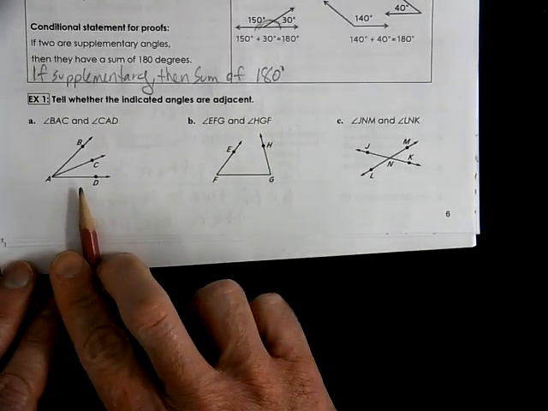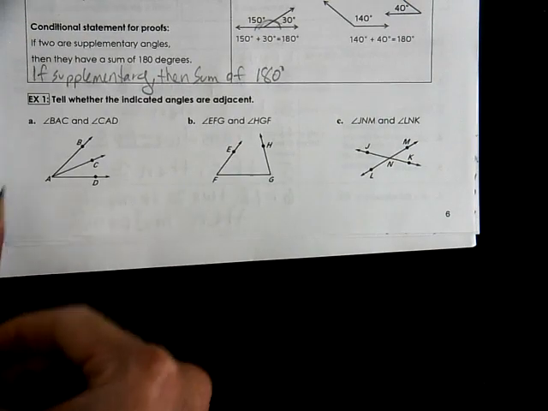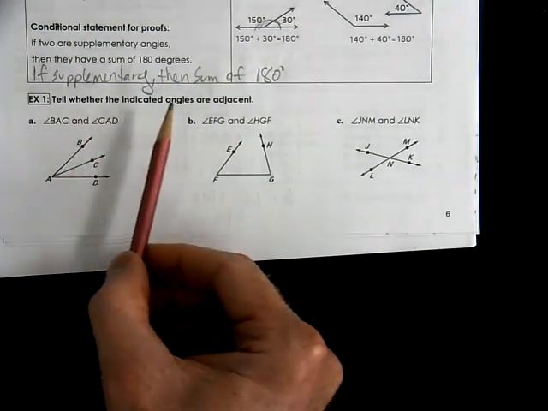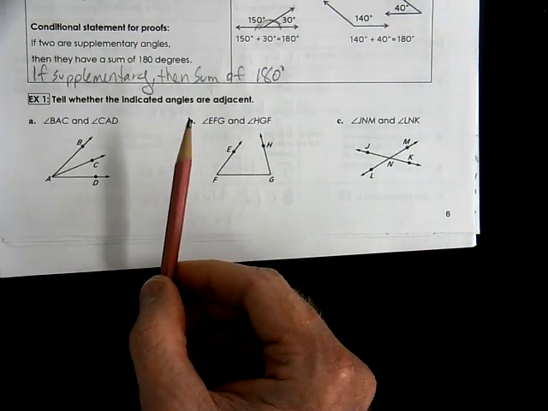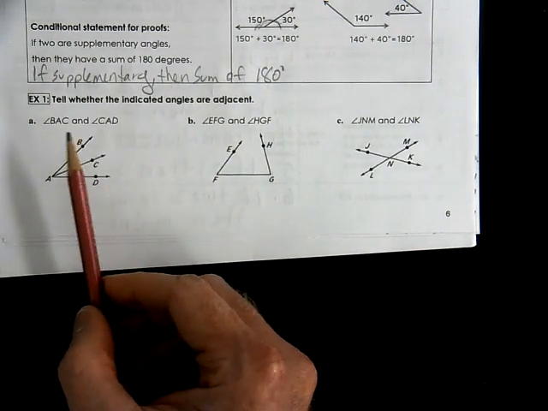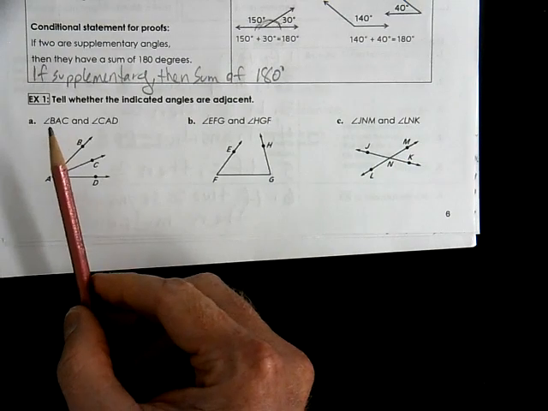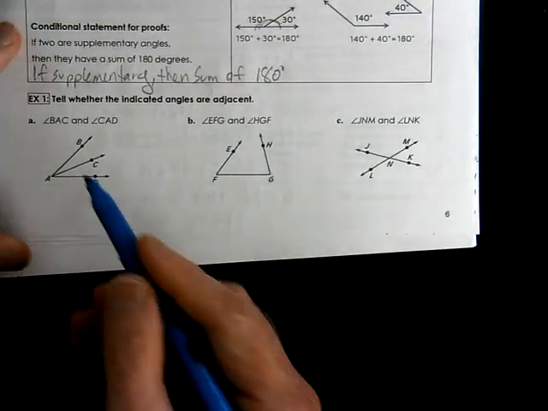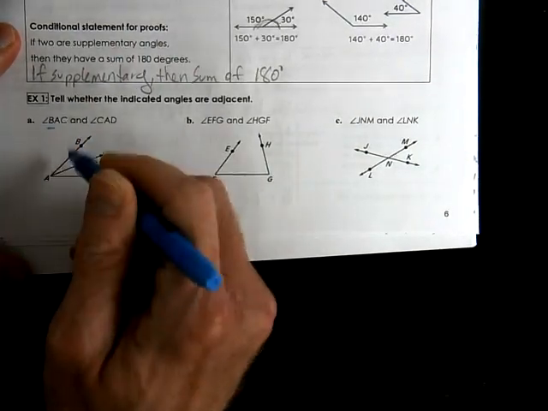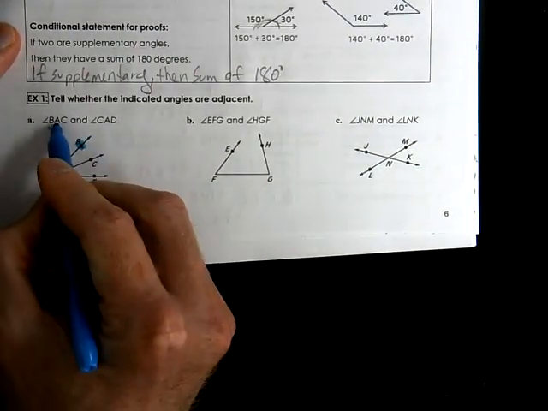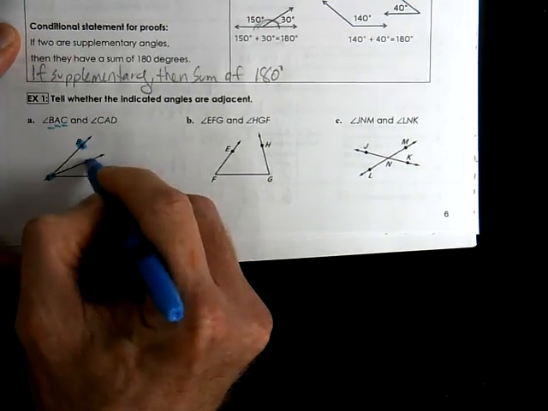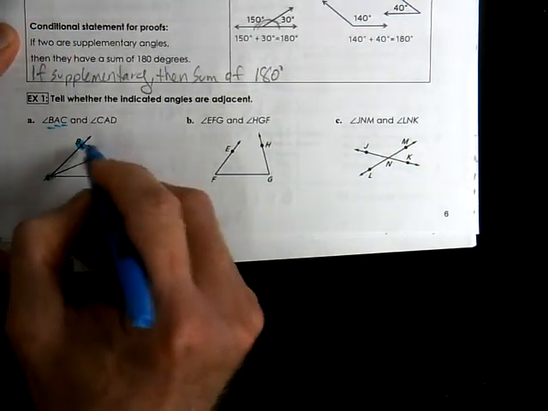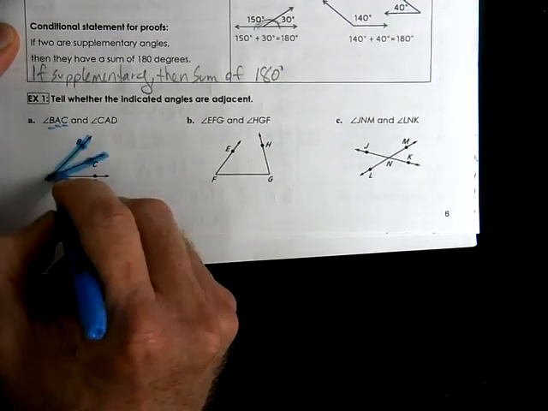What do we have here? We're trying to determine if the angles are adjacent. So it's kind of a yes-no type answer. You got to use the letters. Pay close attention to the letters. Angle BAC. So to do that, look for the B, look for the A, and look for the C. Then we trace those out and we form our angle.